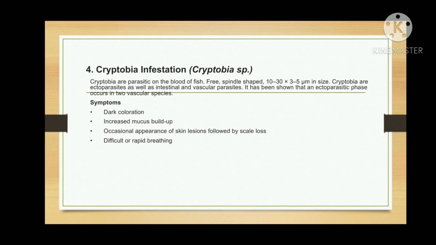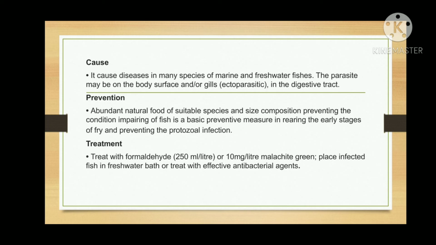Symptoms: dark coloration, increased mucus buildup, occasional appearance of skin lesions followed by skin loss, difficult or rapid breathing. Cause: it causes diseases in many species of marine and freshwater fishes. The parasite may be on the body surface or gills, ectoparasitic, or in the digestive tract.